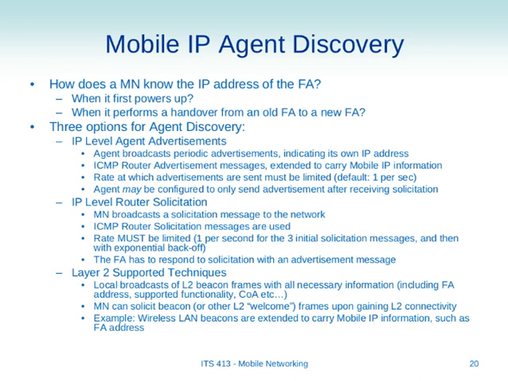There's IP level advertisements. The foreign agents periodically send out advertisements saying, I am a foreign agent. Router advertisements or agent advertisements. So an agent broadcasts periodic advertisements that indicate its own IP address. There are special types of packets for doing this called router advertisements, and they carry information necessary for mobile IP.